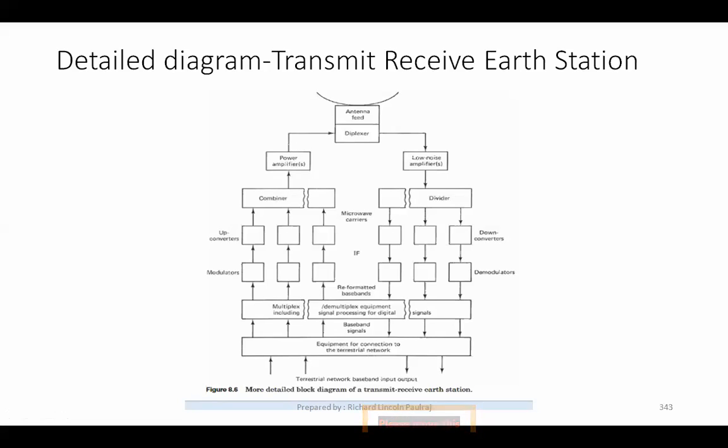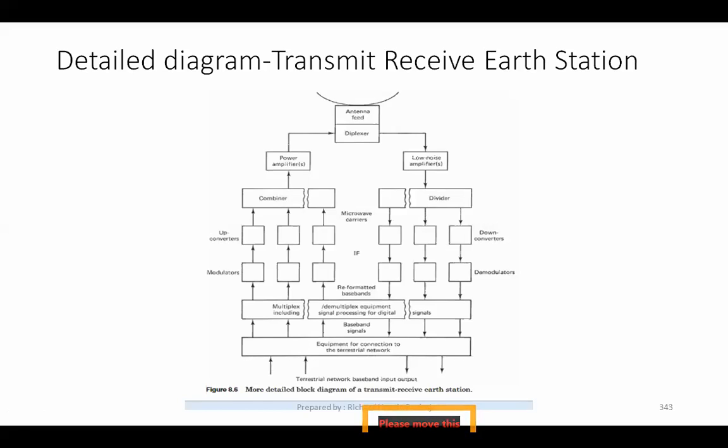Diplexers are a very important device, utilized for combining different signals, and it's a multi-purpose device.